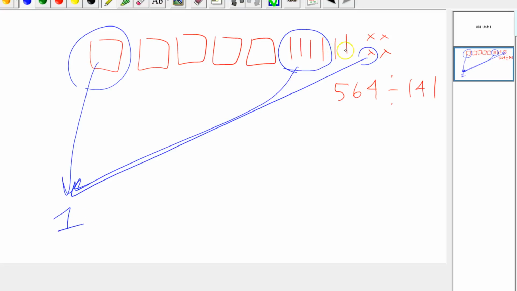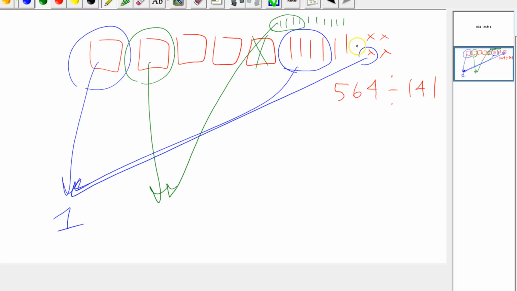Notice when we go to make our next group, there's not enough tens, so I'm going to cut one of these up, decompose it, 1, 2, 3, 4, 5, 6, 7, 8, 9, 10. Now I'll make our next group: 100, 4 tens, and 1 one. That's our second group.